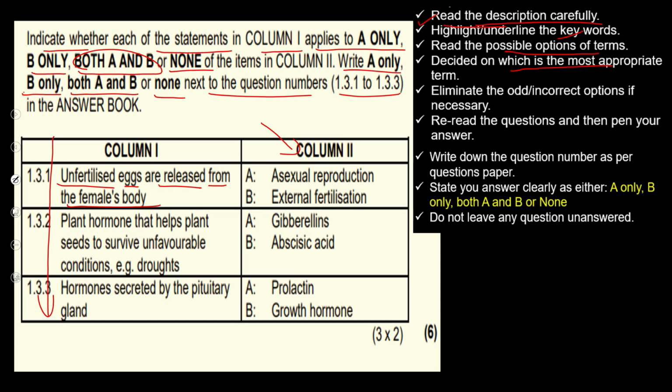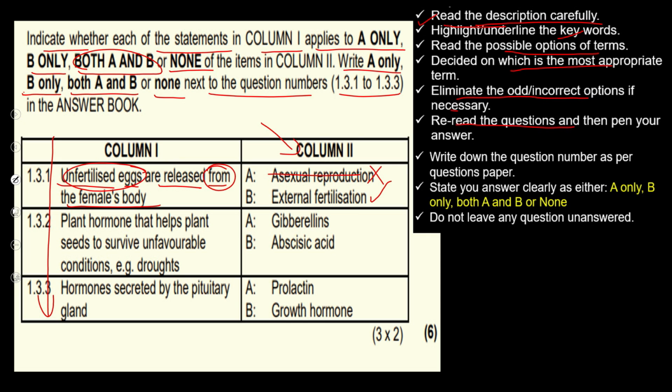Reread the possible options. Is it asexual reproduction? No, because eggs are produced, guys. It cannot be asexual reproduction. They're released from the female's body, so it's possibly external fertilization. So I've eliminated the odd or incorrect option. I've put a line across that.